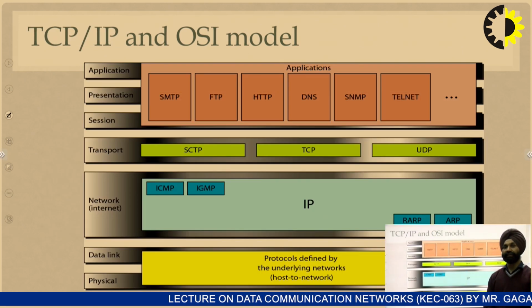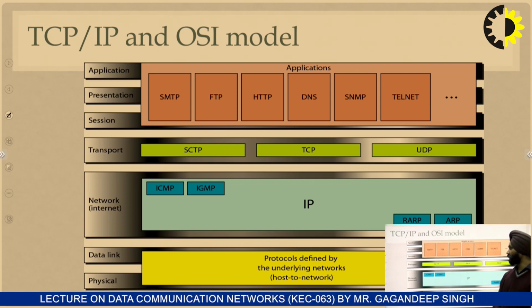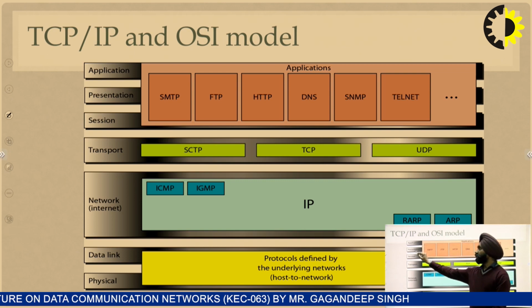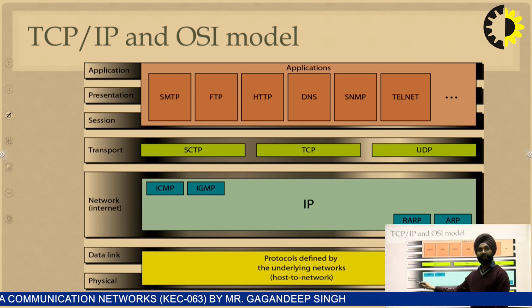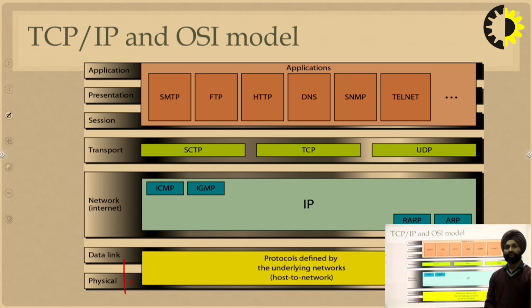The TCP layer model is derived from the OSI model, but has different layers. The OSI model has the application layer, presentation layer, session layer, transport layer, network layer, data link layer, and the physical layer. The TCP/IP model is divided into 4 layers, but we can also classify it into 5 layers.